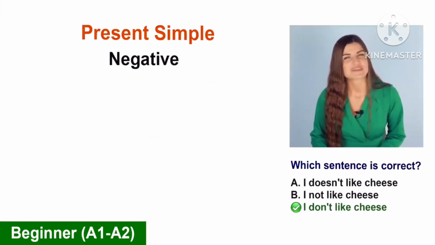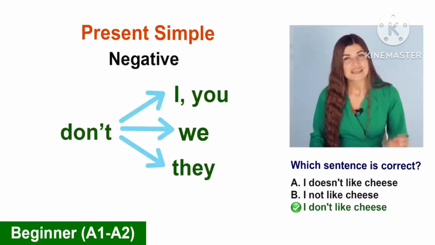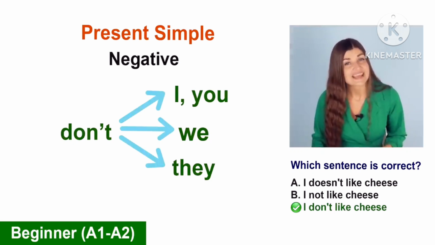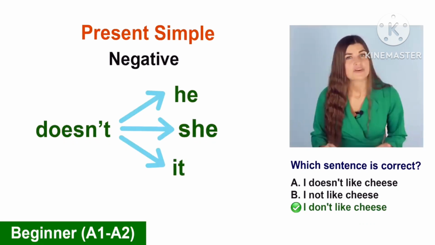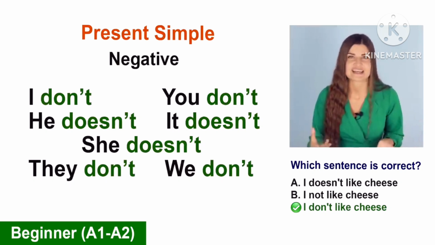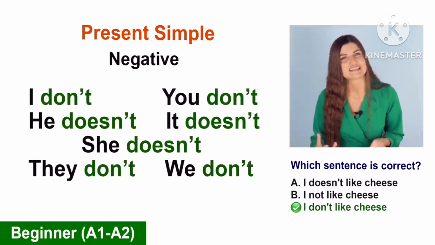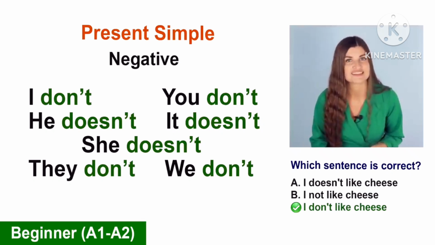Again, this is the present simple tense, but it's a negative form. To make a simple present sentence negative, we use don't for I, you, we, and they, and doesn't for he, she, it. So I don't, you don't, he doesn't, she doesn't, it doesn't, you don't, they don't, and we don't.